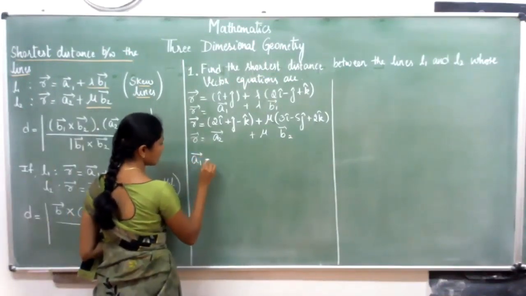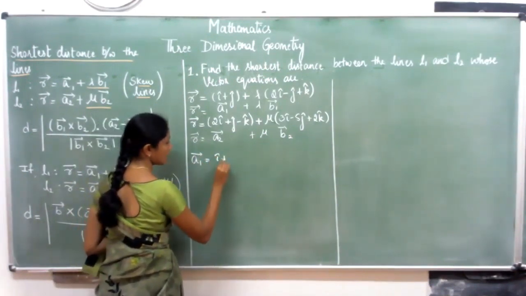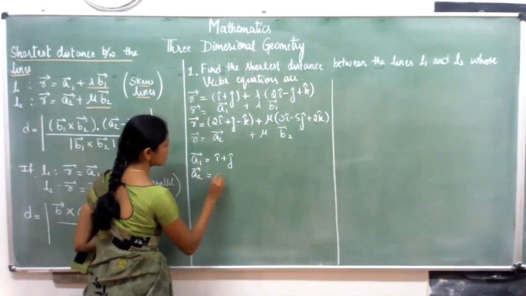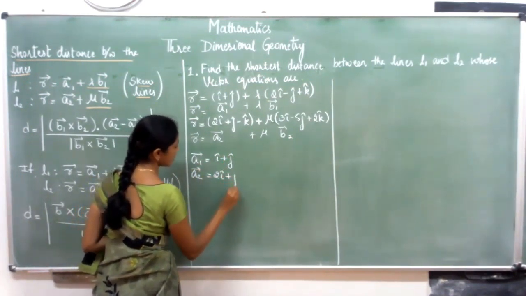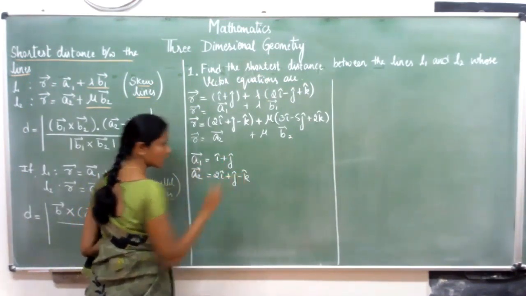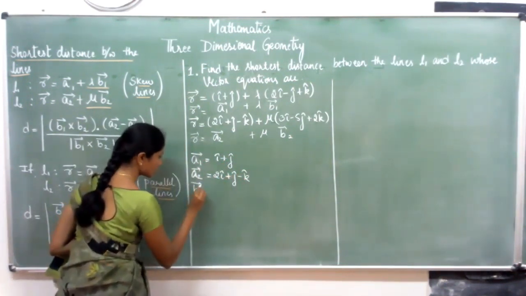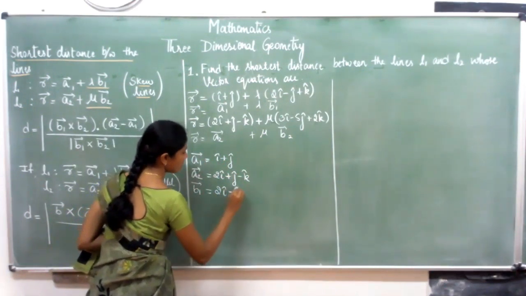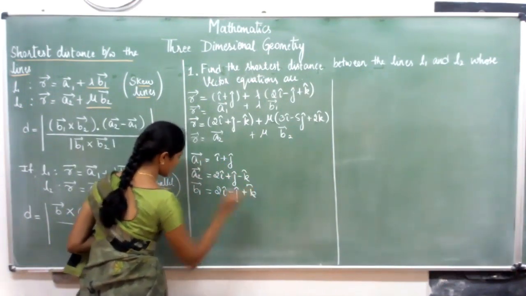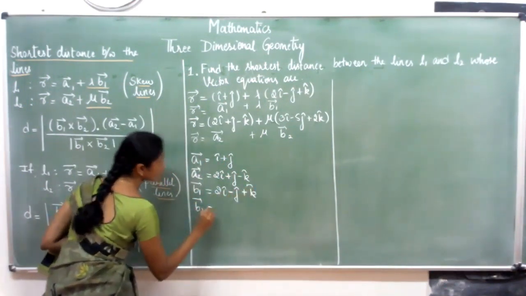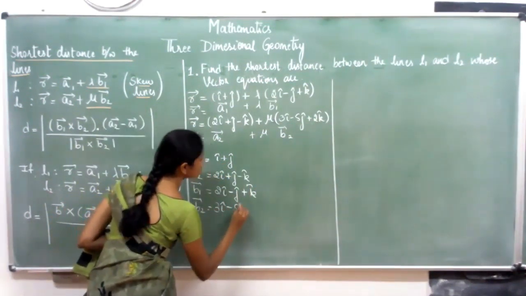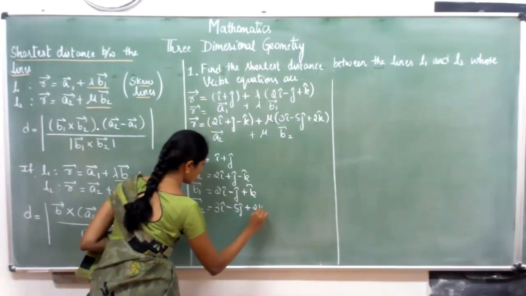Vector a1 is i cap plus j cap and vector a2 is 2i cap plus j cap minus k cap. Next, vector b1 is 2i cap minus j cap plus k cap and vector b2 is 3i cap minus 5j cap plus 2k cap.